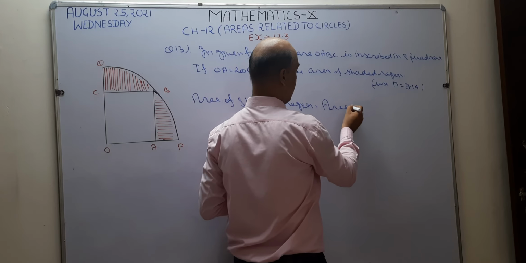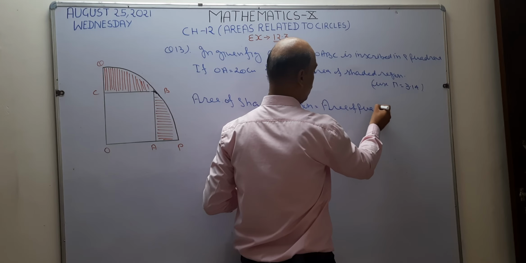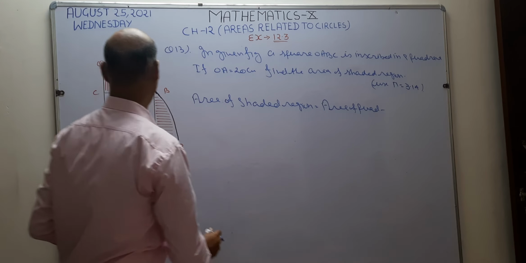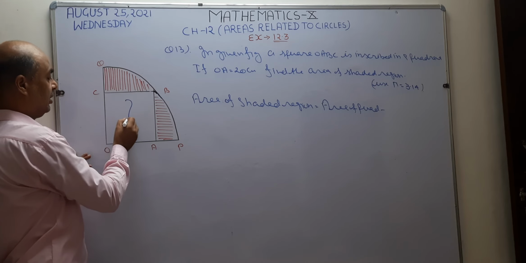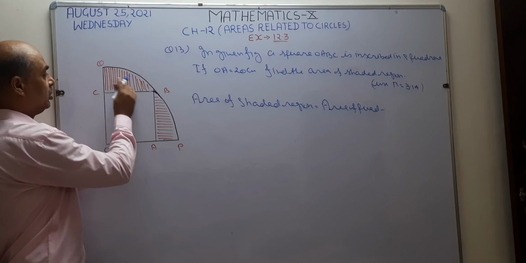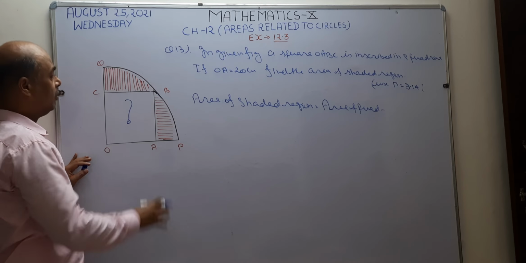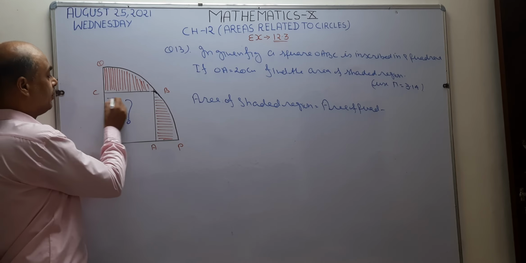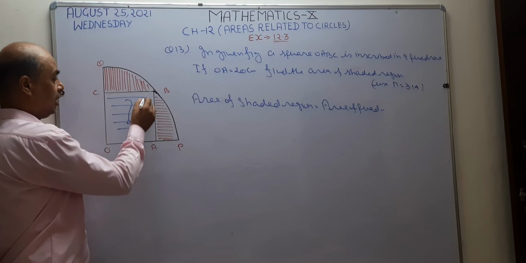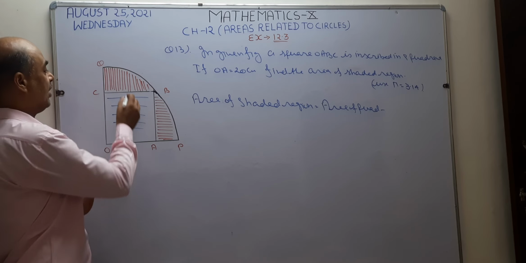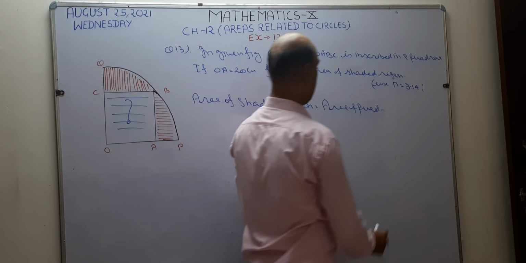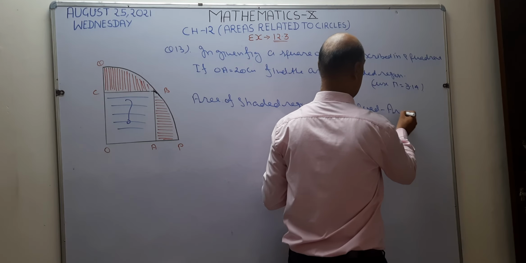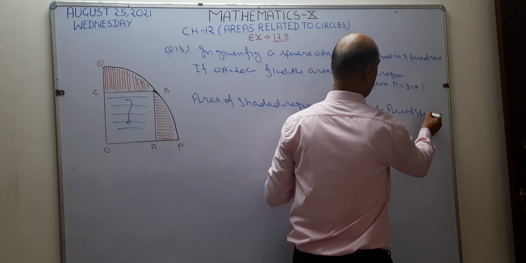Right here, area of quadrant minus the area of the square. From the given quadrant, you are going to subtract the area of the square. If you subtract this, what is left? This shaded portion is left. So the formula becomes area of quadrant minus area of square.